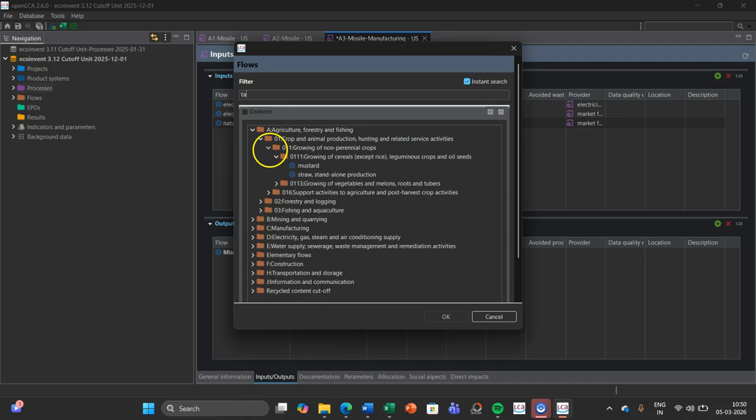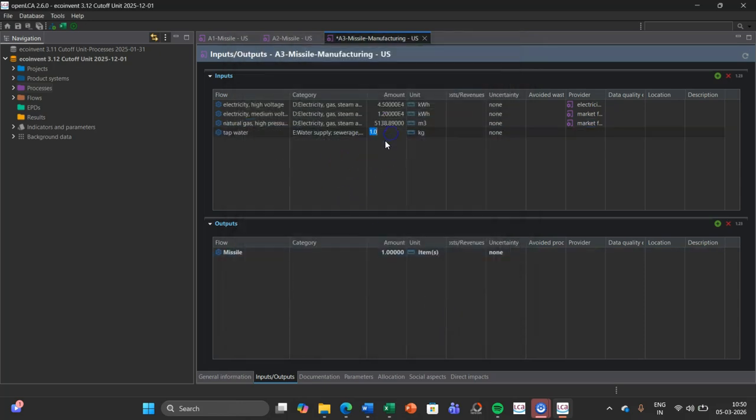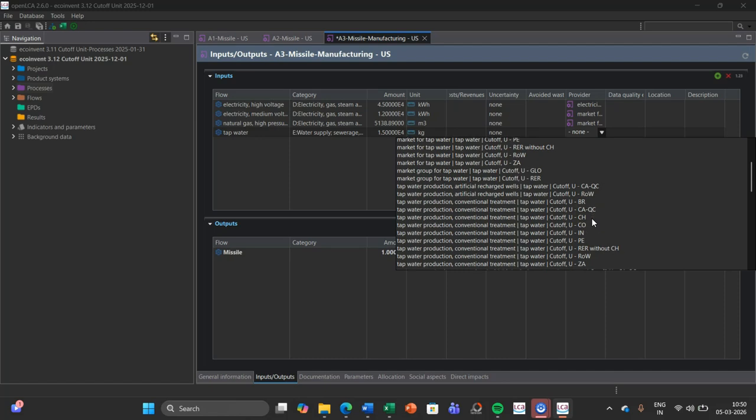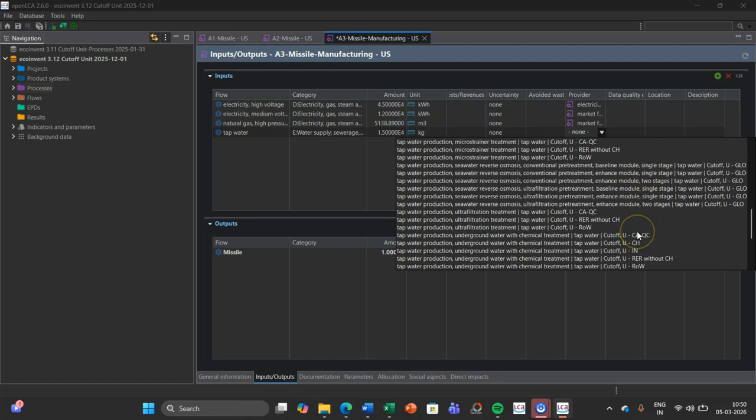So the tap water, 15,000. So the market, the data, let's check whether the US data are available.